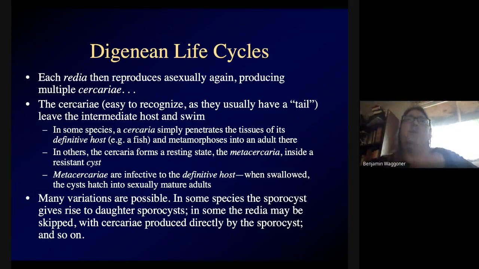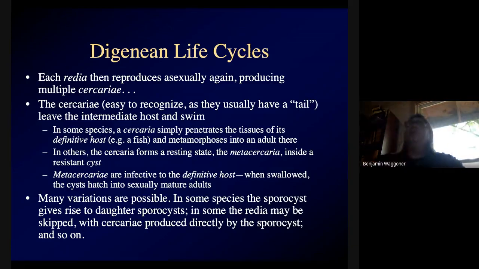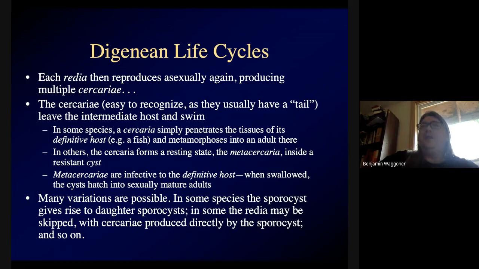You can actually look for this. I don't know how many of you enjoy going fishing, but there is a pretty common parasitic flatworm that grows and matures in snails. Cercaria burst out of the snails, and they'll burrow under the skin of a fish and form a resting metacercaria.